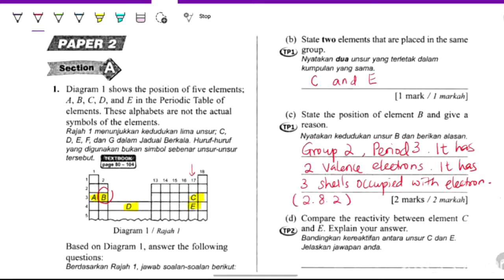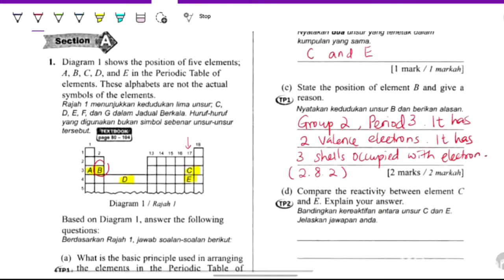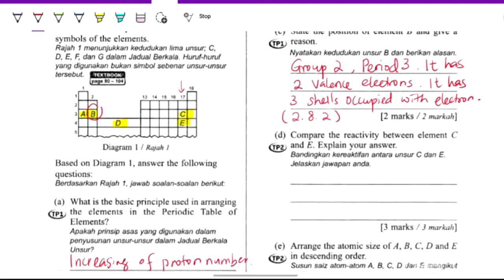Next, compare the reactivity between the elements C and E. Explain your answer. This is group 17. Going down group 17, the reactivity decreases. So E is less reactive than C. Why?